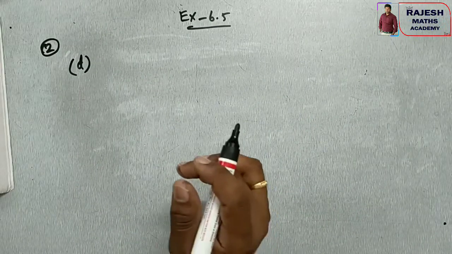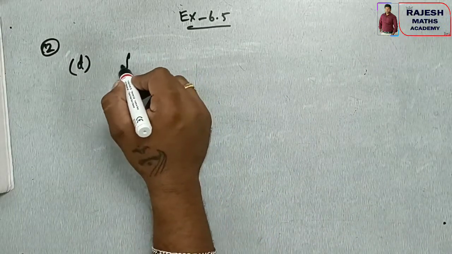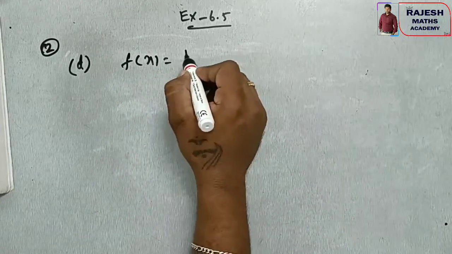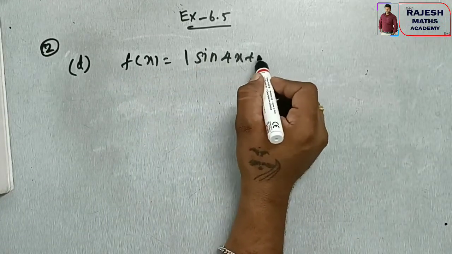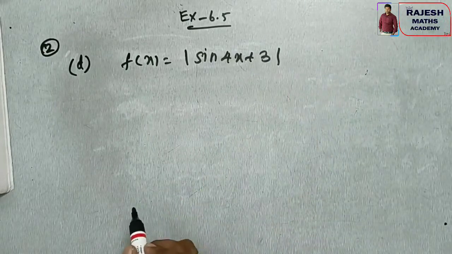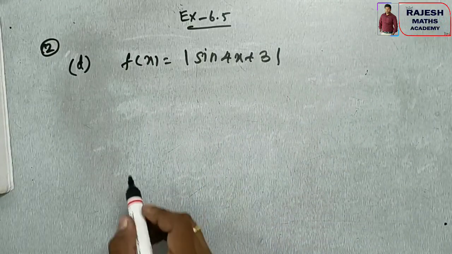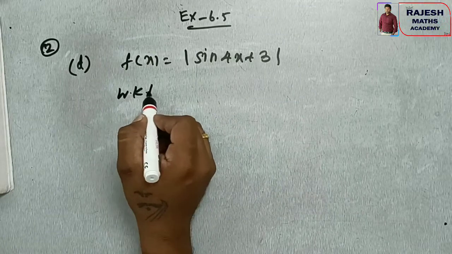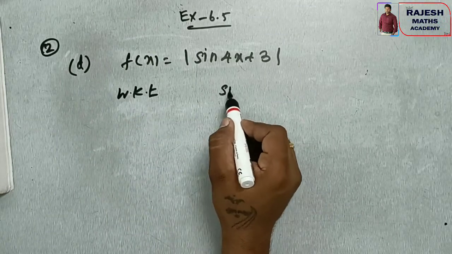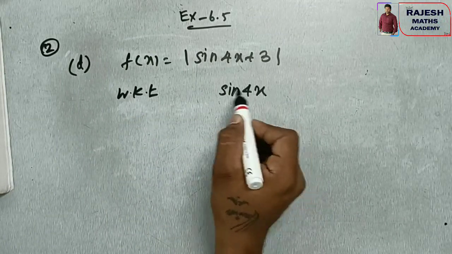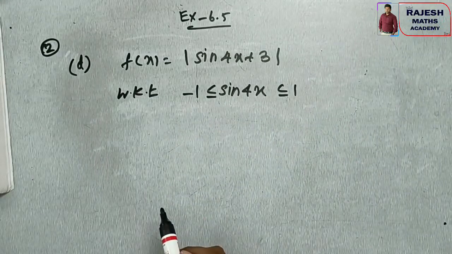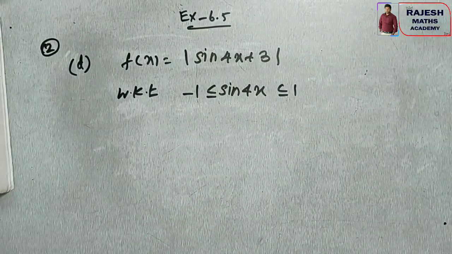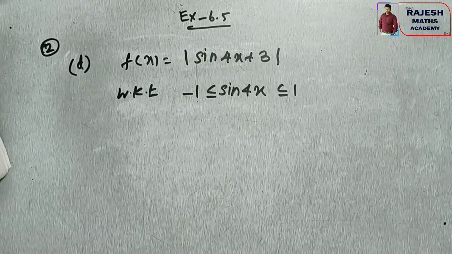Next, question D. f of x equals modulus of sine 4x plus 3 is given. We know that sine 4x is greater than or equal to minus 1 and less than or equal to 1.